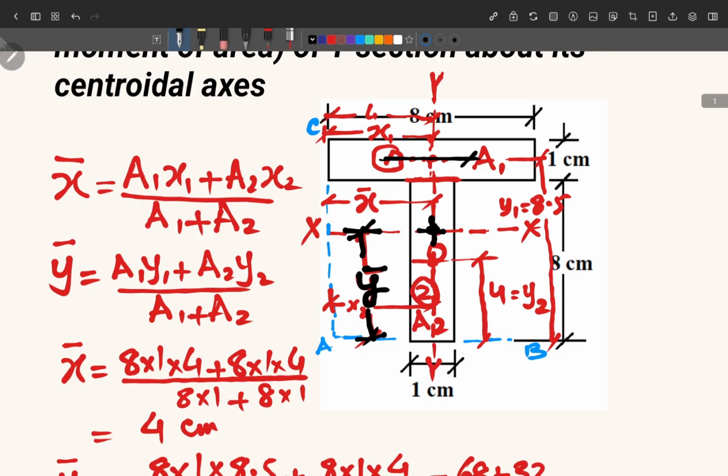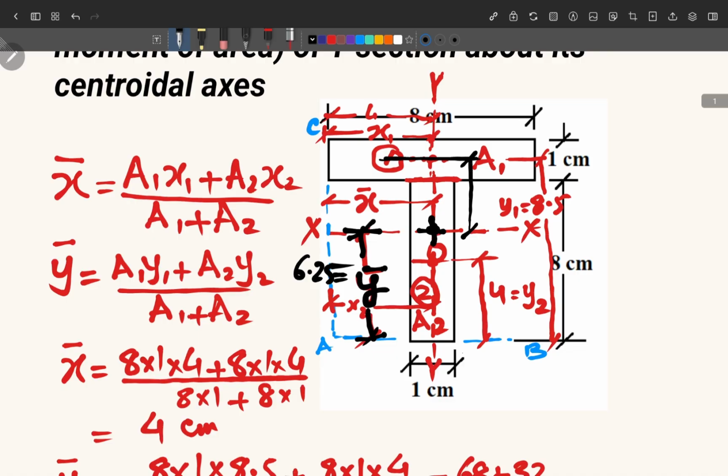So we can say that these are at a distance which is 8.5 minus 6.25. y bar we have calculated as 6.25. So we can calculate the distance between the centroid of A1 and the centroid of the section. So now we find that these two axes, the x-axis of this area A1 and the x-axis of the T section, are parallel.